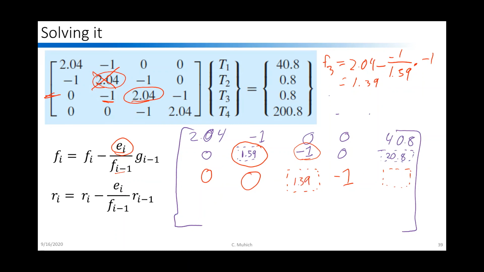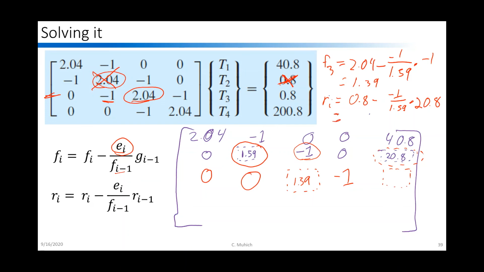Right, so we're ready to do R of i. So what's the value that's currently there? 0.8. Once again, we don't want to pull this 0.8. I want to pull the entry above it. So when I put this in here, we still have negative 1 and 1.59, but for this R i minus 1 we're going to use 20.8.